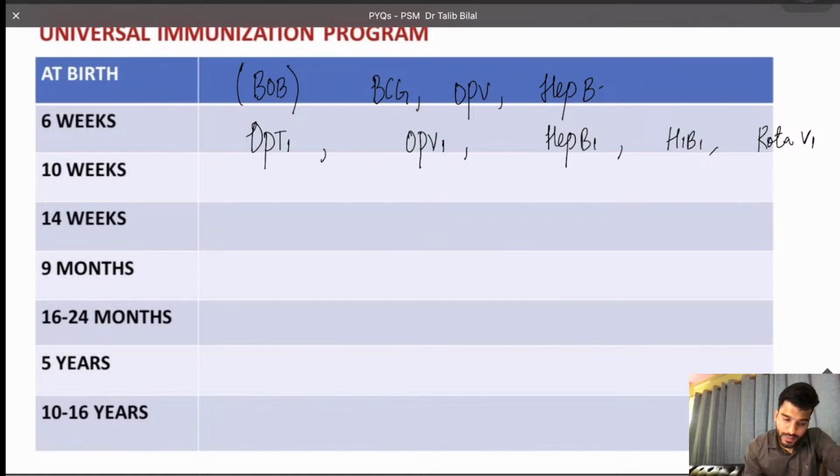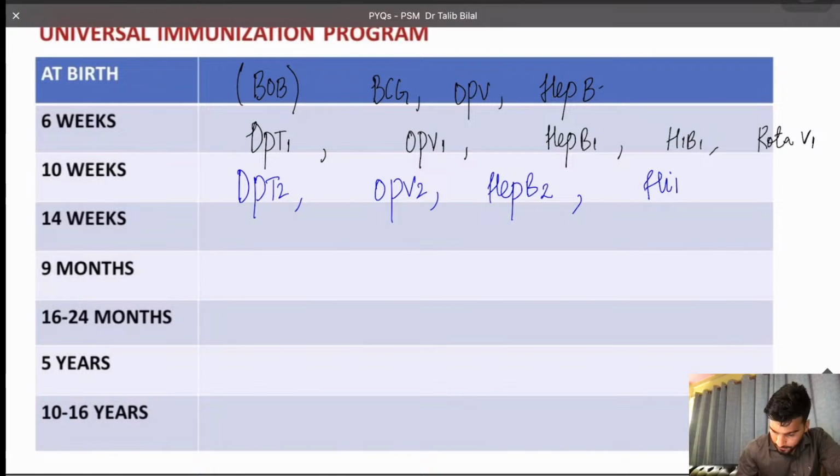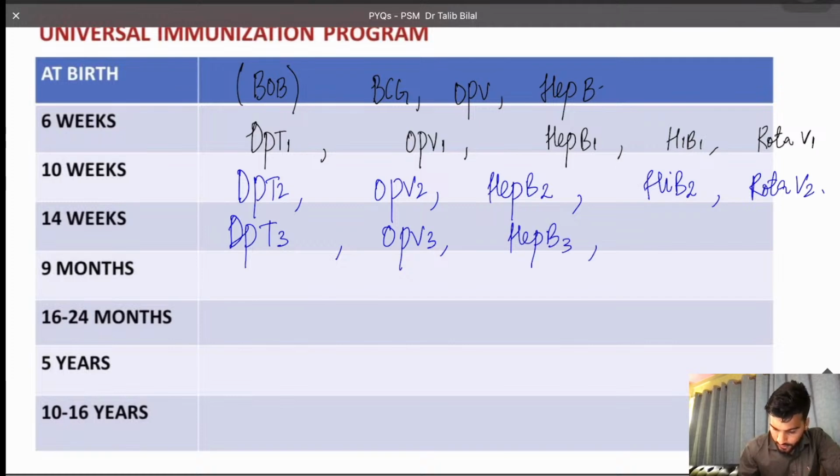Chalo. At 10 weeks, it's DPT2, OPV2, Hep B2, Hib2, and Rota vaccine 2. At 14 weeks, same third one: DPT3, OPV3, Hep B3, Hib3, and Rota vaccine 3.